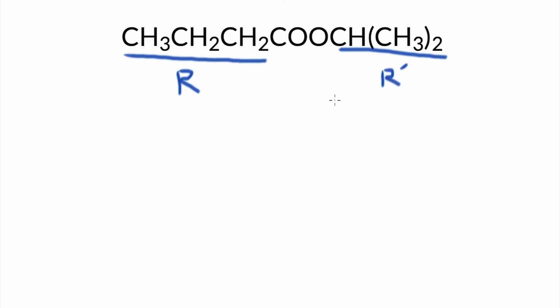Now we have this down, we're going to start drawing it. So first we're going to start with the parent group. Since this is a line structure, we don't really have to draw the carbon that's supposed to be here, so it's okay.